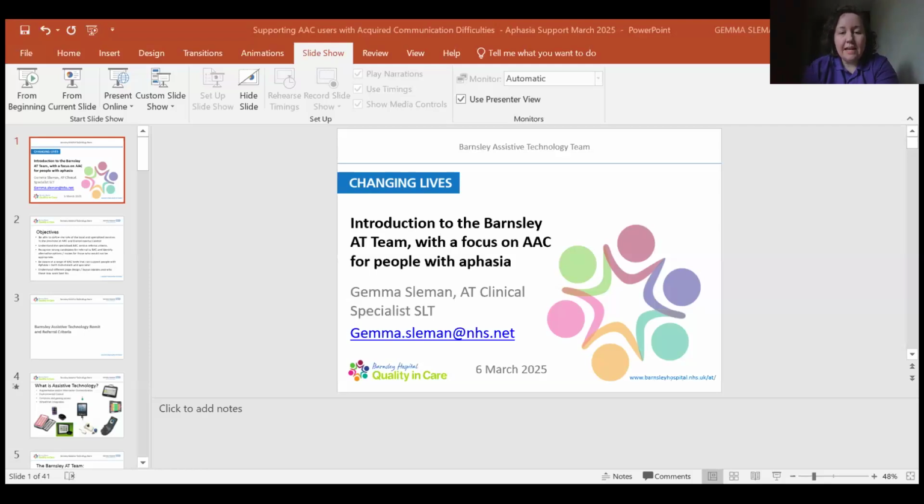Understand the specialised AAC service referral criteria, recognise strong candidates for referral to the Barnsley Assistive Technology team, and identify alternative options and routes for those who would not be appropriate. Be aware of a range of AAC tools that can support people with aphasia, both mainstream and specialist. Understand different page design and layout options and who these may work best for.